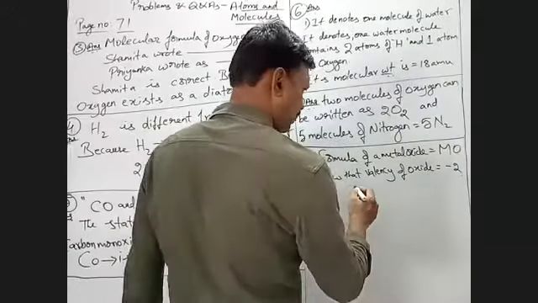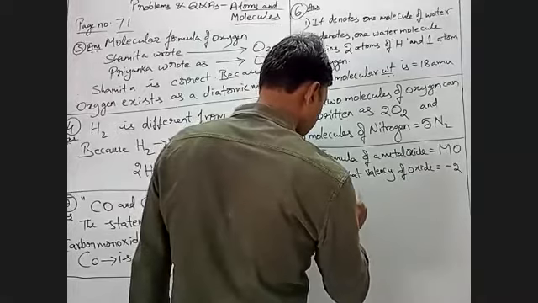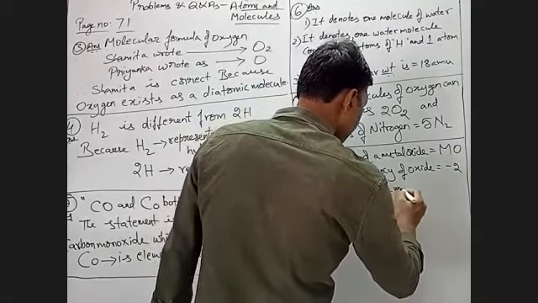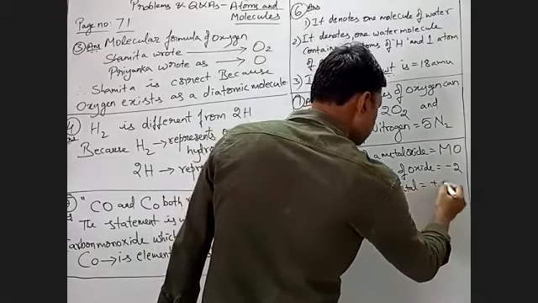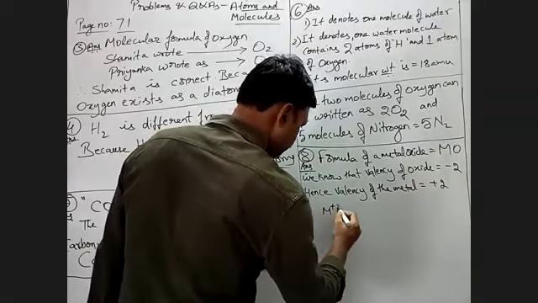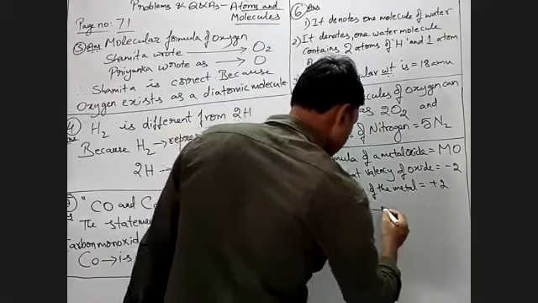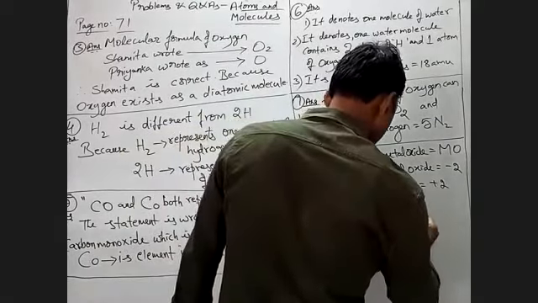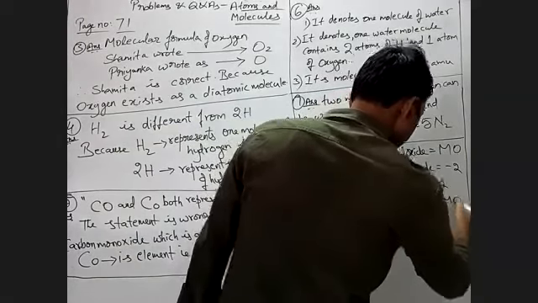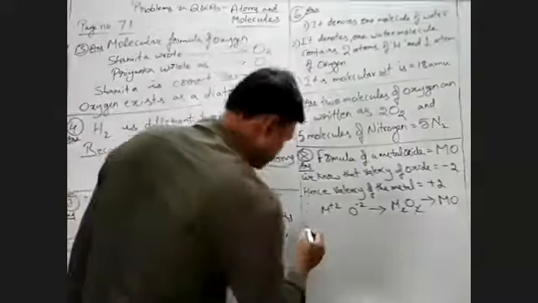MO. Hence, valency of the metal equal to +2. Therefore, M +2, O -2 means M2O2 cancel. This means MO.